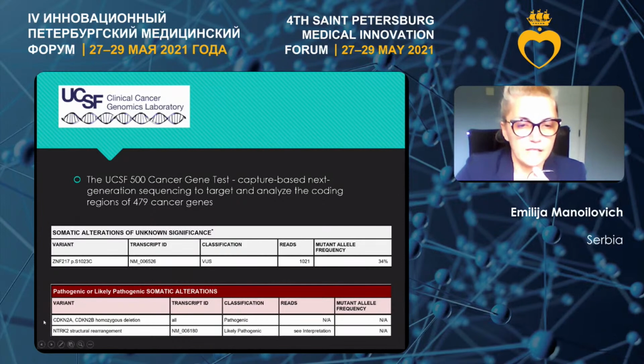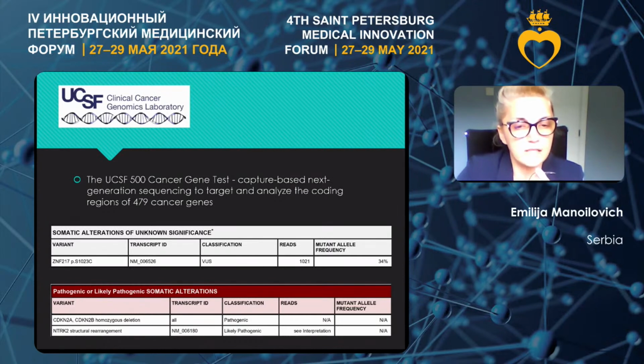The first one wasn't exactly a mutation, it was a homozygous deletion of Cyclin-Dependent Kinase Inhibitor 2A and 2B. I drew your attention to the algorithm, and I asked you to remember this homozygous deletion, because this homozygous deletion is a sign of adult glioma.